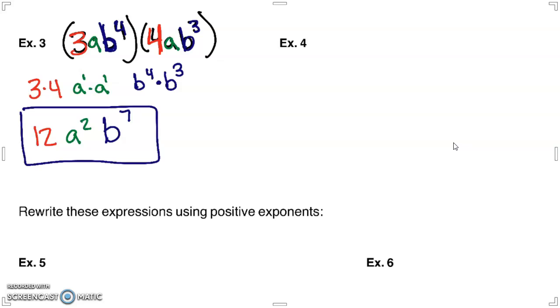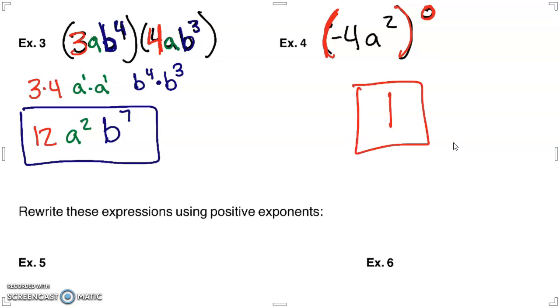So, my next example. We can do this one of two ways. We can distribute that 0 in, or we can use our rule, anything to the power of 0 is donezo.